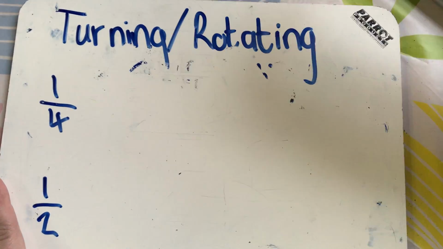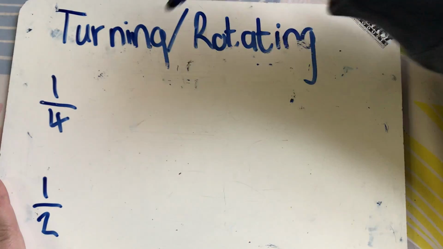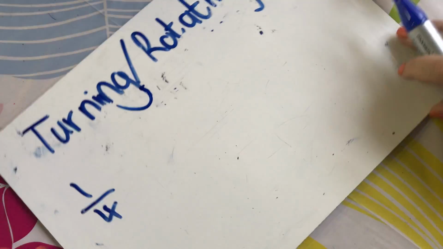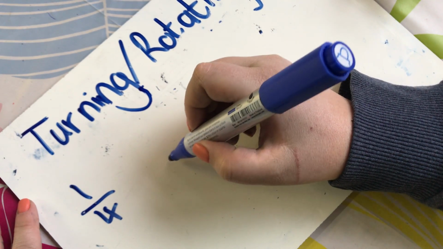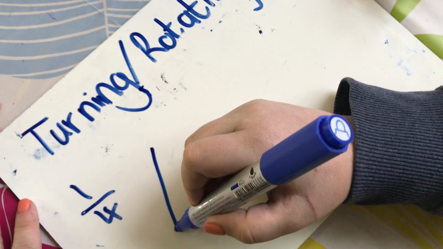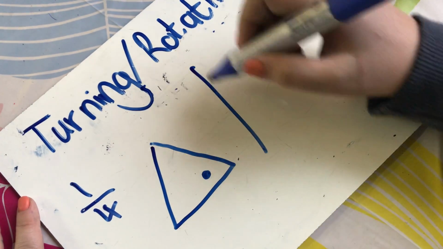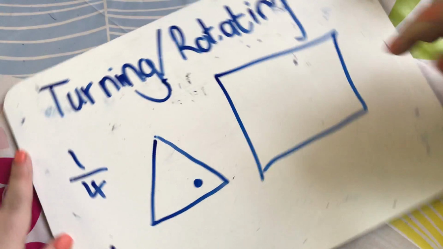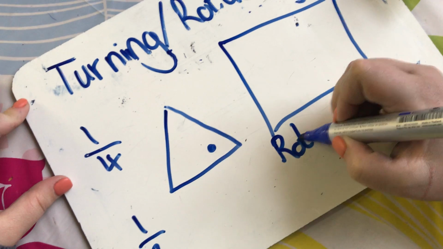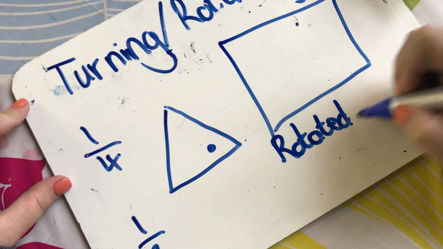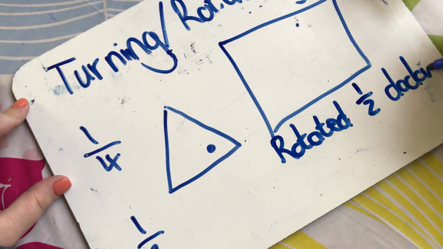If I say to you that this is your shape, but it looks like this, and I say, okay, draw a shape that is rotated a half clockwise.